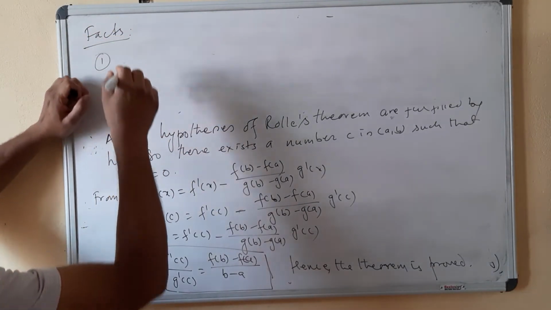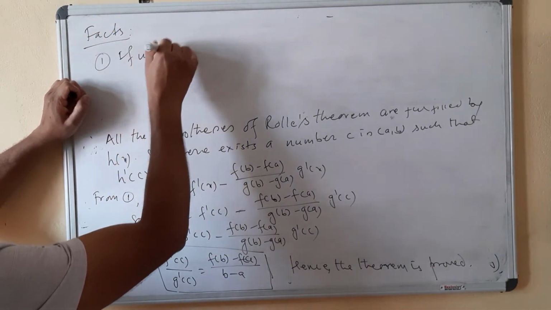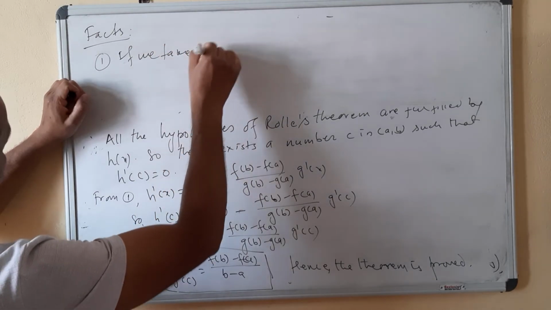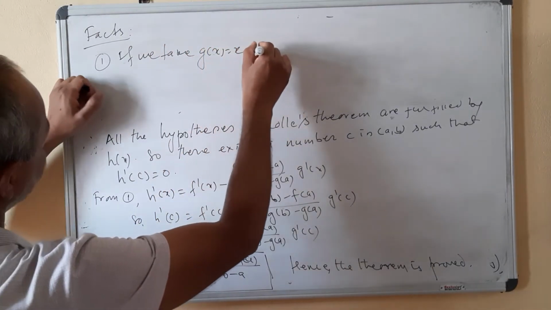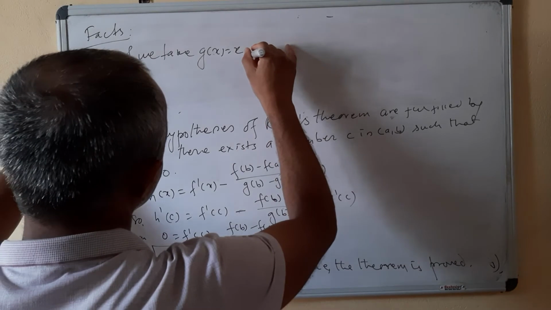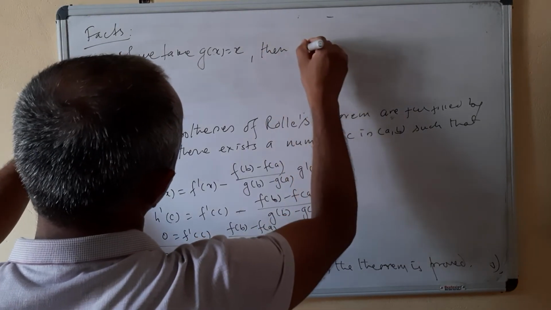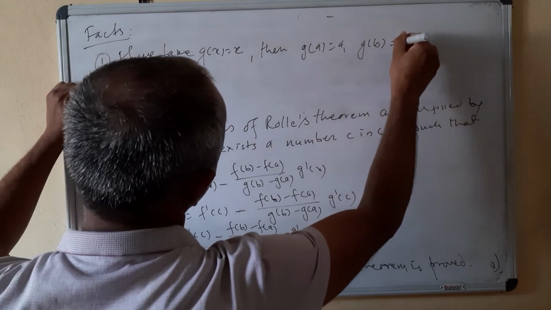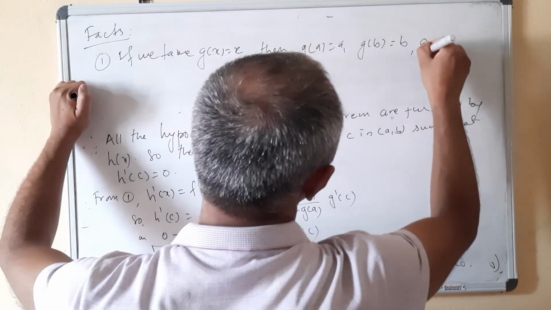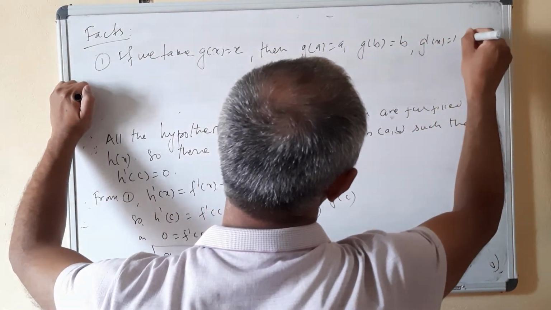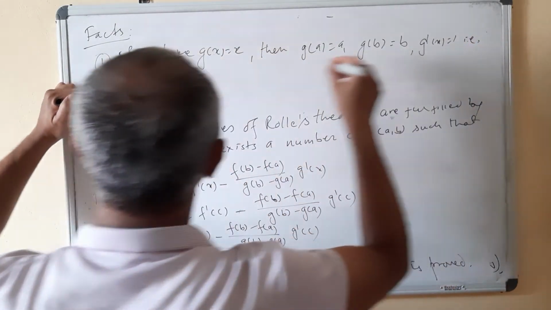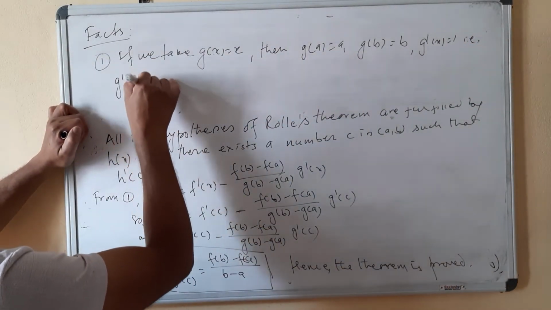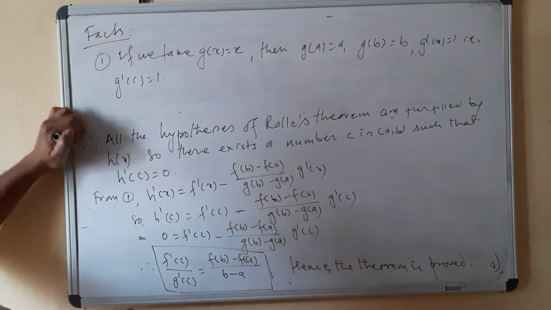Number 1, if we take g(x) equal to x, then g(a) equals a, g(b) equals b, g'(x) equals 1, that is g'(c) also will be 1.